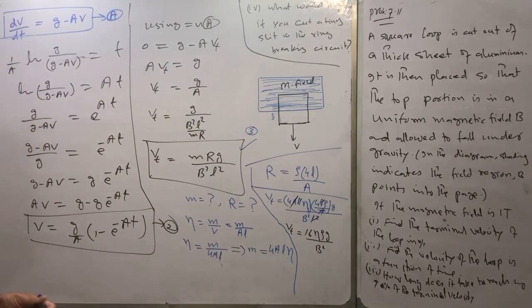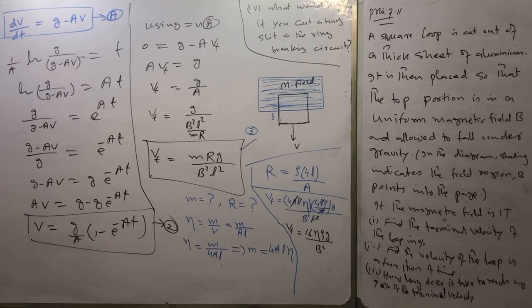Now, what is density? What is rho and what is G? If we put all these values in this equation, then we must reach to calculate the terminal velocity.